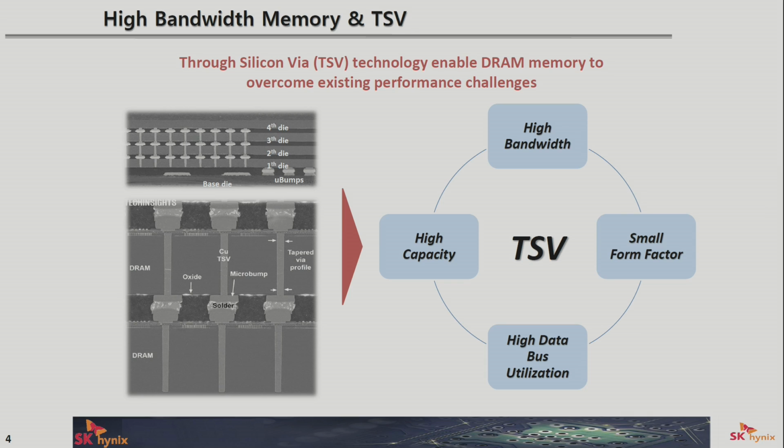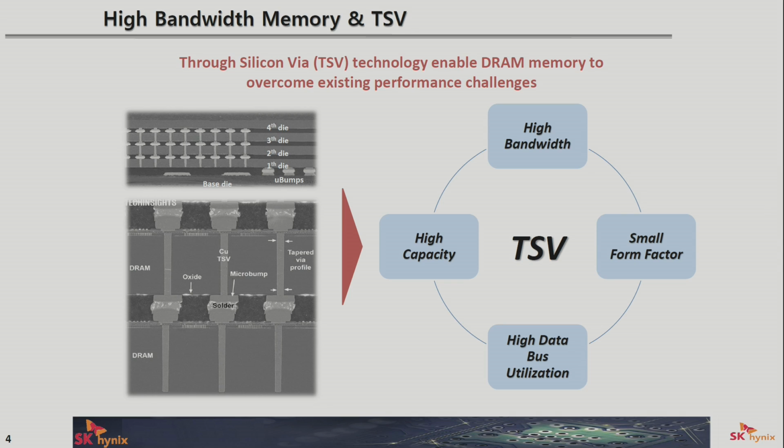Another benefit of TSV is that when the package is smaller, your I/O signals from the die themselves out to the package level are shorter. And so you're able to reduce the capacitance on the I/O. Therefore, you're able to drive faster signals. And also the I/O circuitry on the controller side can be smaller as well, so that saves power.